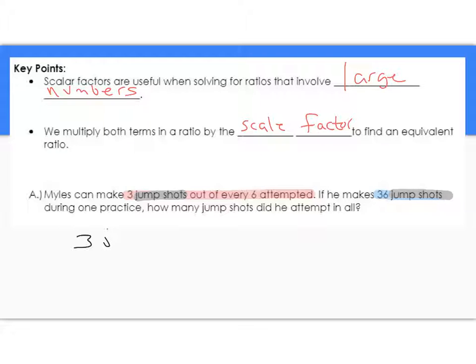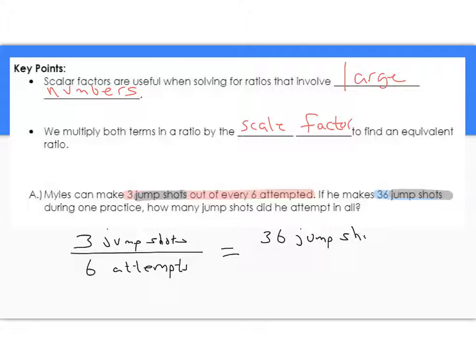So I'm going to have 3 jump shots for every 6 attempts. And I'm going to set up another ratio with 36, but I have to make sure it goes in the right place. I have to match the jump shots, so it's going to go on top. And the bottom is what I am looking for.